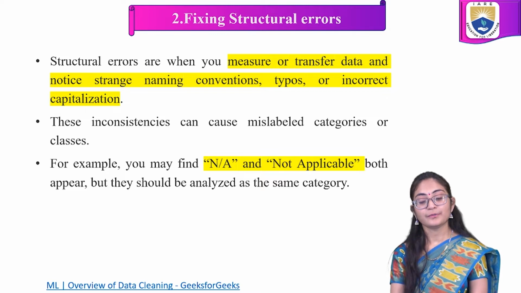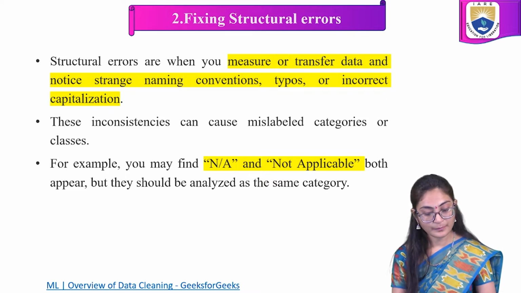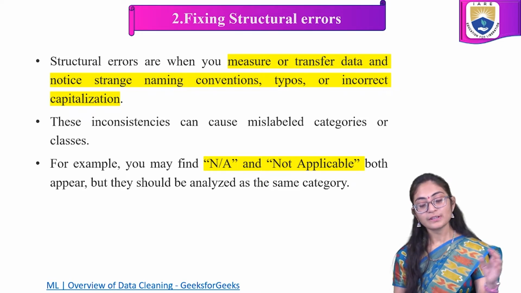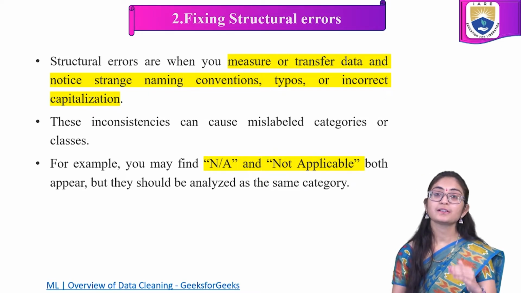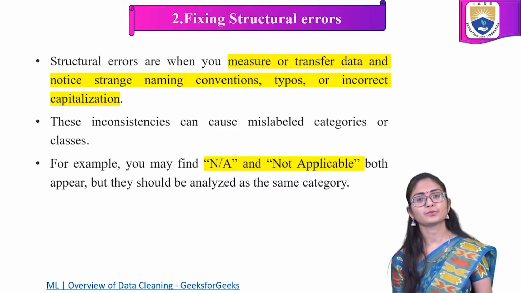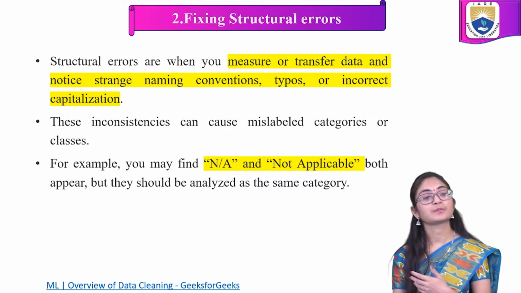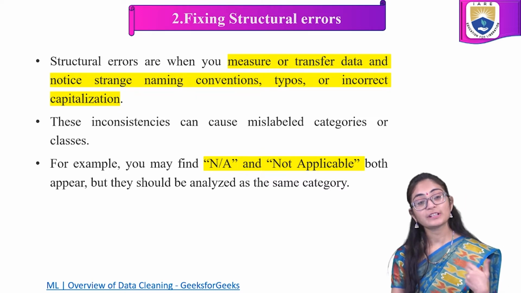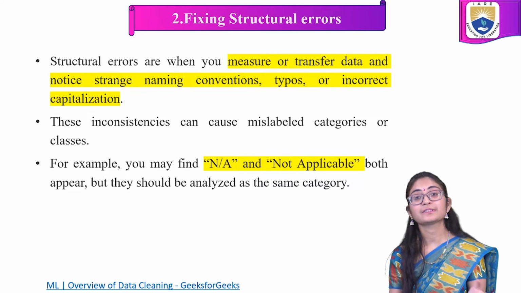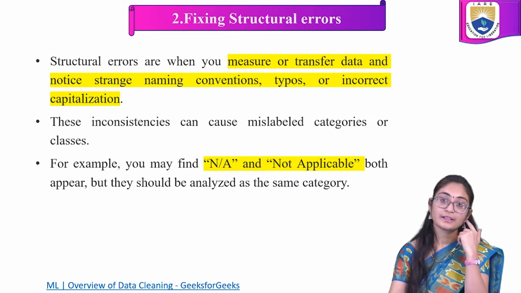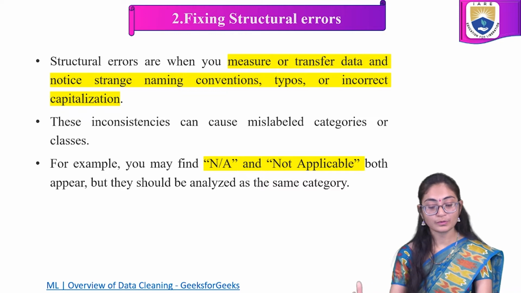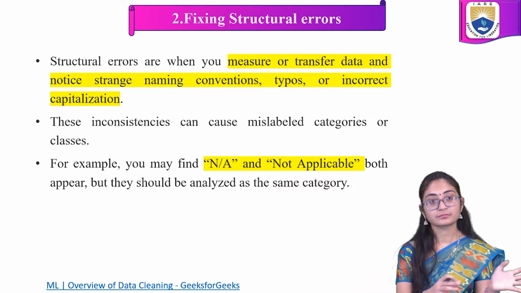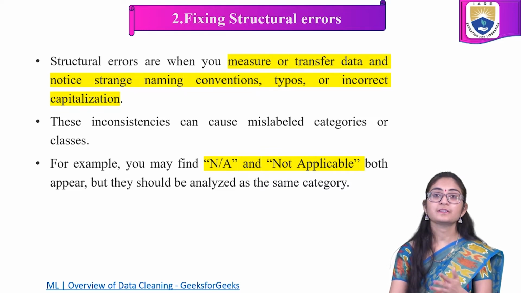It is the fixing of structural errors. Fixing structural errors means when we are combining data from various sources, sources can be anything, sometimes the internet. There are so many browsers, and we can collect the data from different browsers, different sources. At that time, there can be some errors and some missing values.